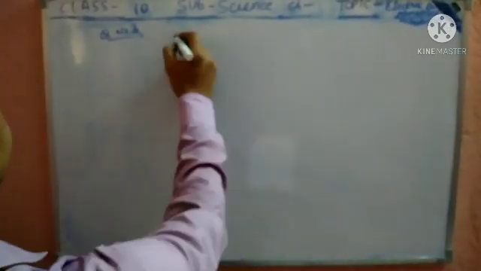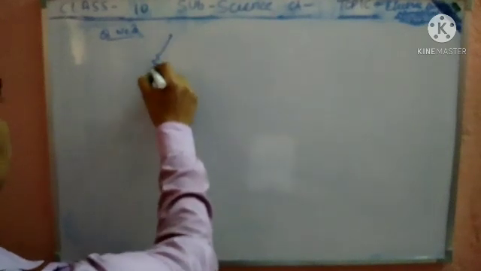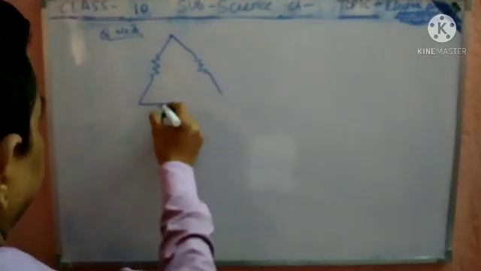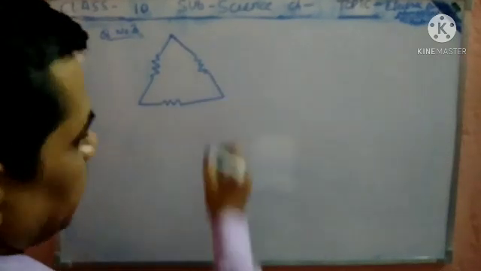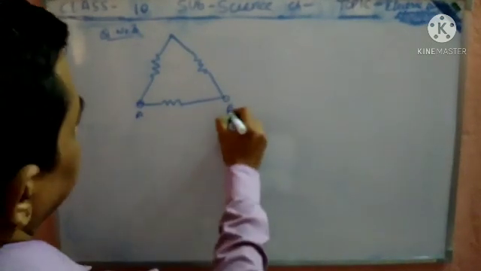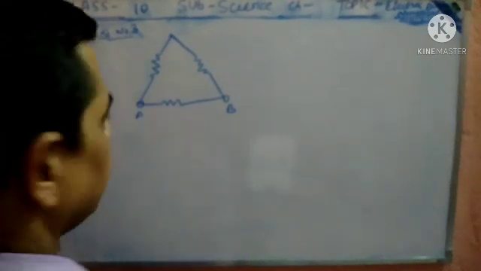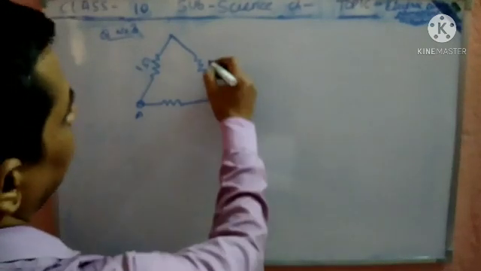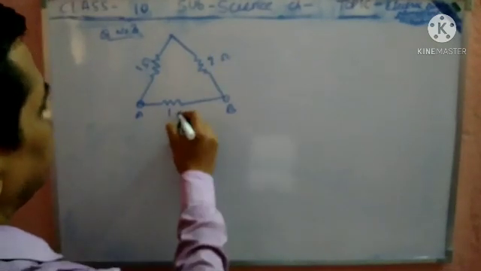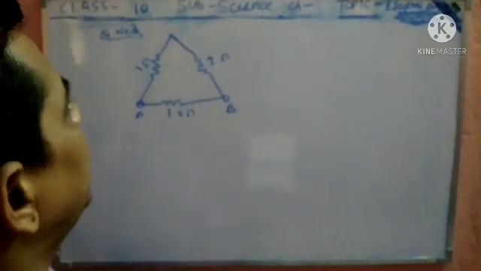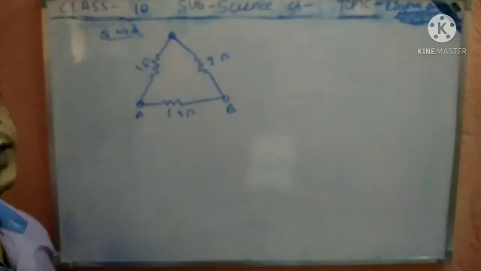A circuit is given in this form, with points A and B, and resistances 1 ohm, 2 ohm and 1.5 ohm. Find the equivalent resistance of this circuit.